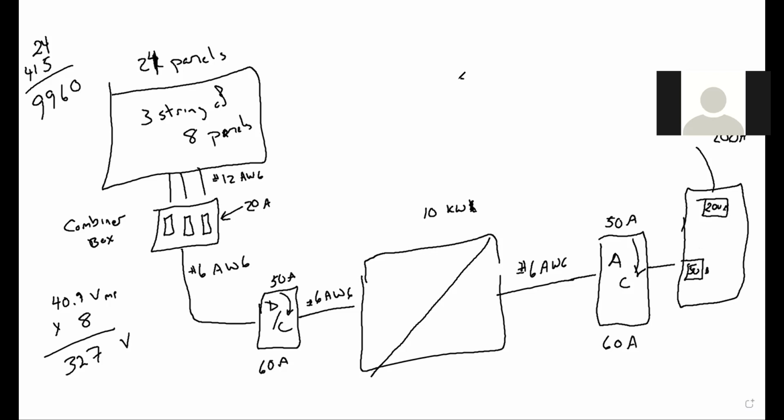So if we have a 200 amp bus bar, what's 20% of that? 0.2... 20% of 100 would be 20 amps, so 20% of 200 is 40 amps. So we could have up to 40 amps coming in.